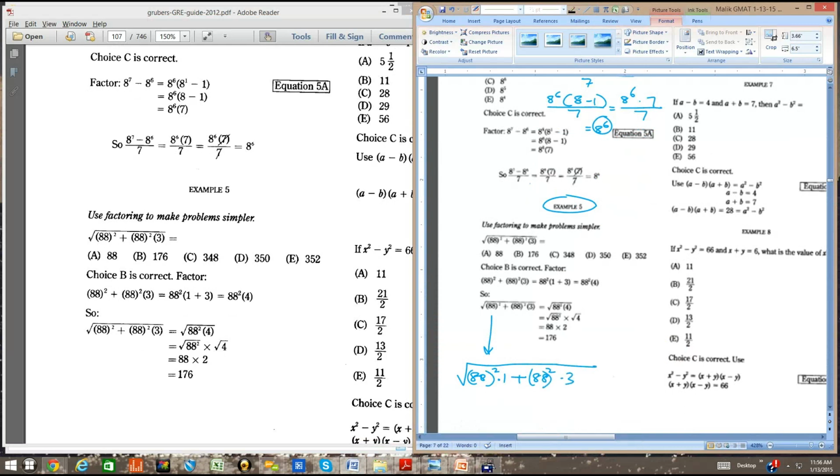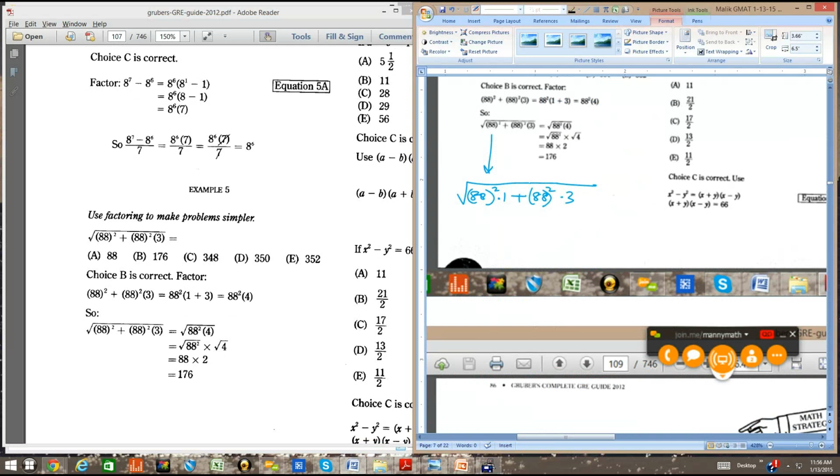If you notice that, you can easily take out 88 square from that. You have 88 square out, you have 1 plus 3, which is 88 square times 4. That equals 88 square times 2 square. That equals 88 times 2.